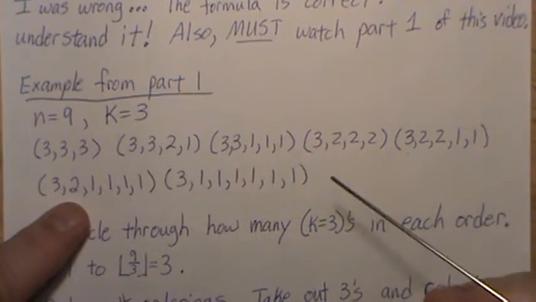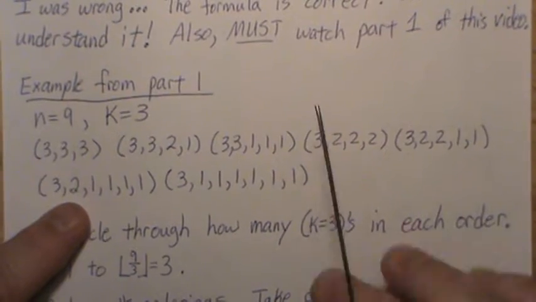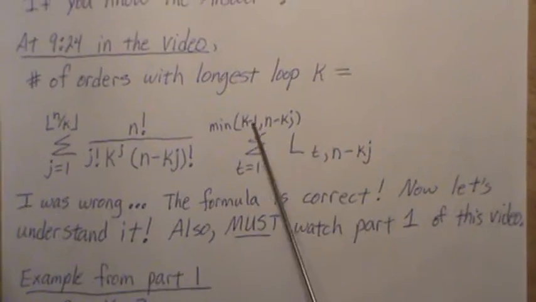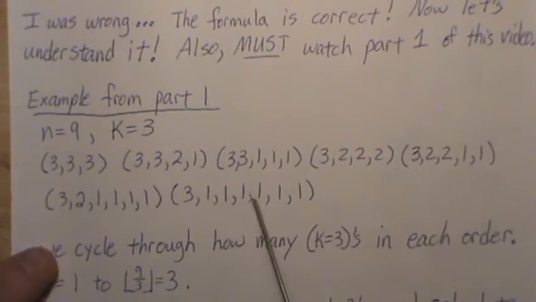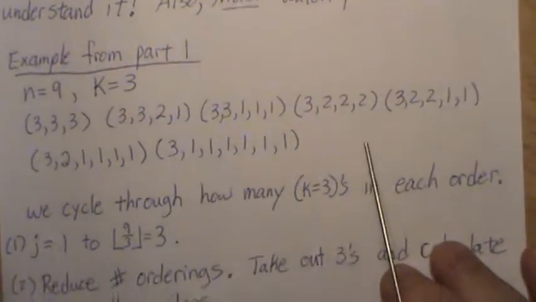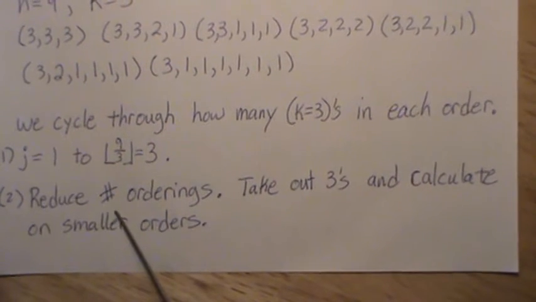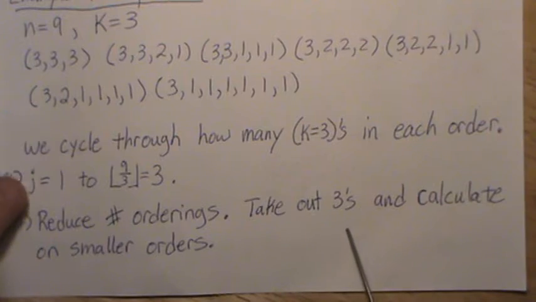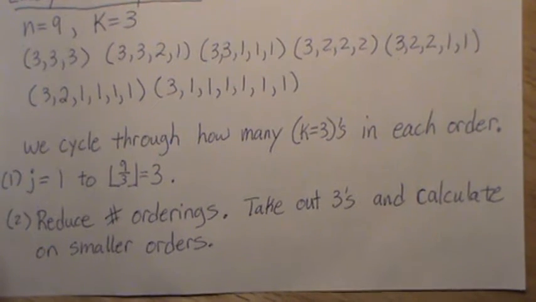And then we go down to 6 boxes, maximum loop size is 1. How many ways? And again, that's what this is calculating. And we'll go through this specific example on the back page. So basically what it's doing is reducing the number of orderings. It takes out the 3s and calculates on a smaller order.